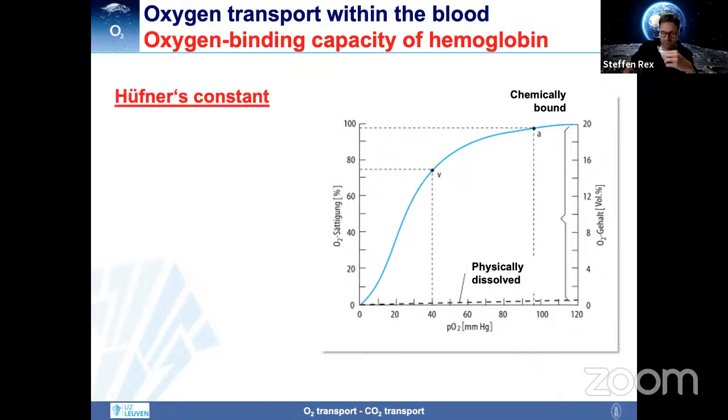Now it becomes very interesting for you as perfusionists, because we can now calculate the oxygen content in our blood. Therefore, we need the so-called Hüfner's constant. That is very easy to derive. So we know that 1 mole of hemoglobin binds 4 moles of oxygen.